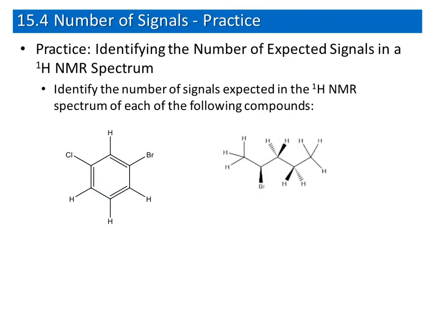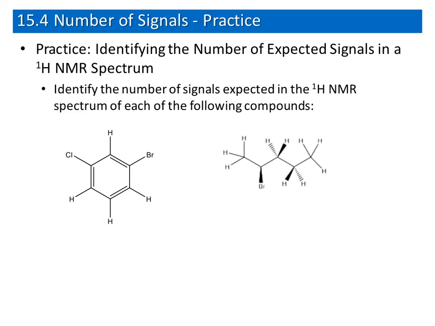So let's look at more practice problems. In the first structure right here, there is a chlorine on one side of the molecule and bromine on another side. Therefore, none of these 4 hydrogens are going to be equivalent. So this hydrogen is closer to chlorine and bromine. This one is closer to chlorine and 1 hydrogen.